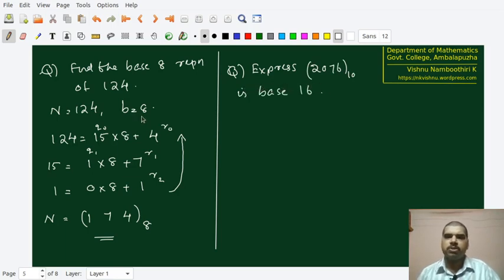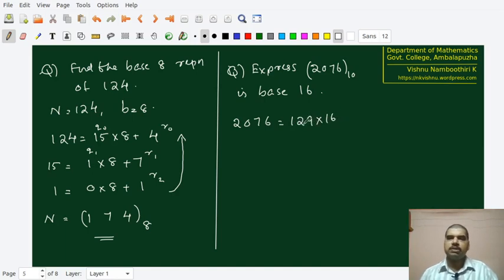So we are supposed to find the hexadecimal representation of 2076. Again, going to use the same division theorem technique. 2076, now we have to divide using 16. So let me use the calculator. So 2076 by 16, therefore, it is 129 into 16.